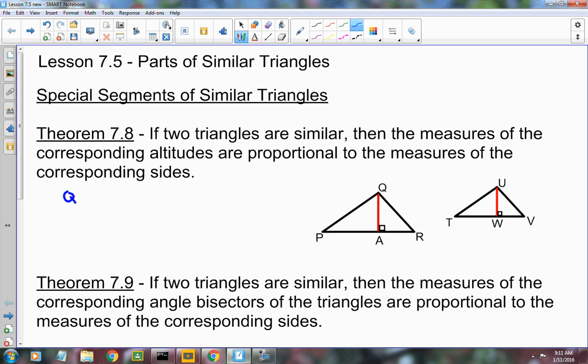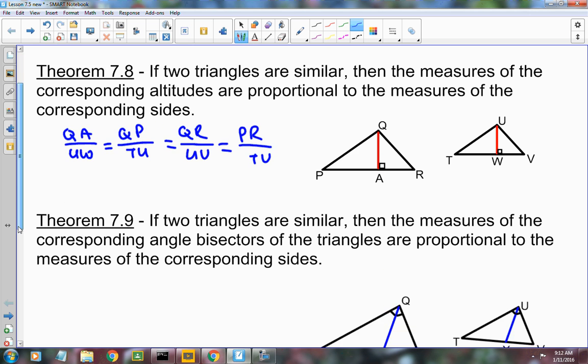So you can set up a proportion, QA is to UW, as QP is to TU, that's one pair of corresponding sides. QR is to UV, or PR is to TV. So your first ratio is the altitude. It is proportional to any of these corresponding sides. All right. So the altitudes are proportional to a pair of corresponding sides.